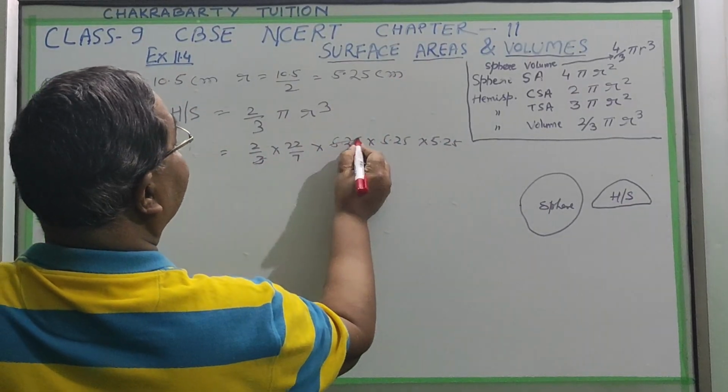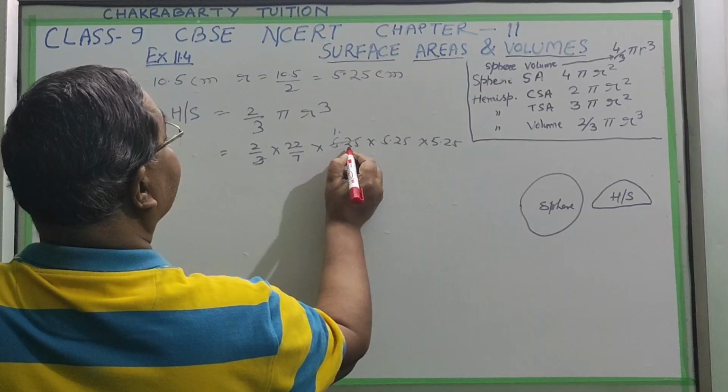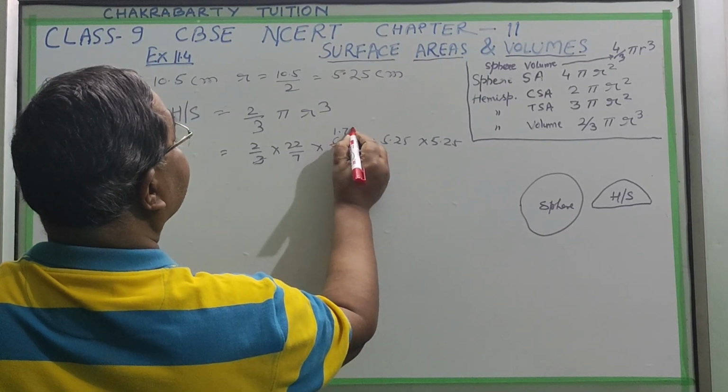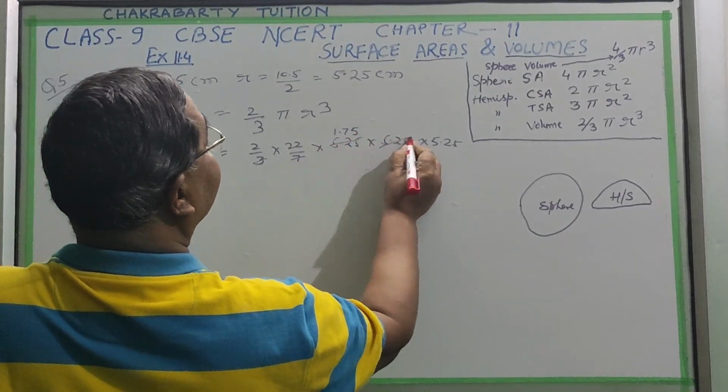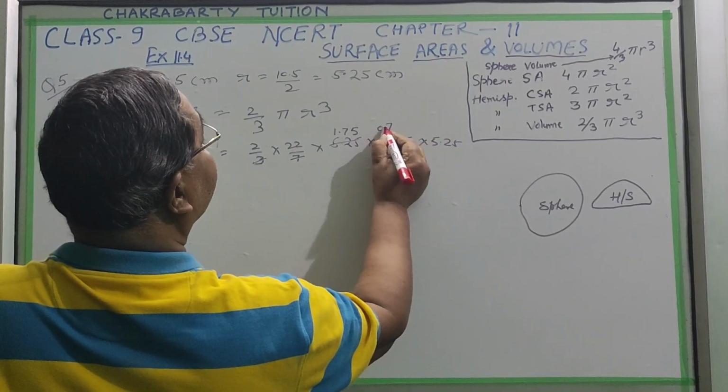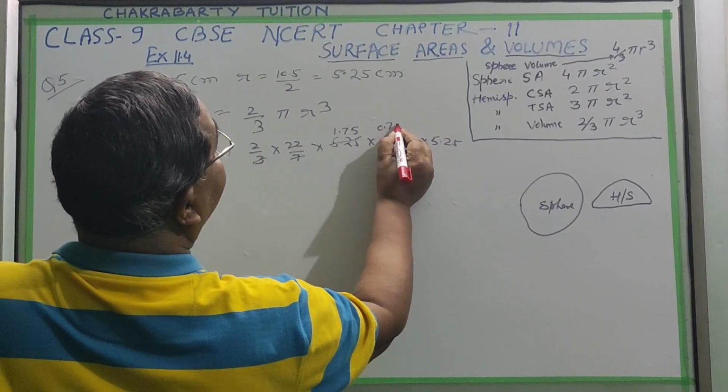So by 3 we will cut it. 3 ones are 3, 3 sevens are 21, and 3 fives are 15. 7 sevens are 49, and this.